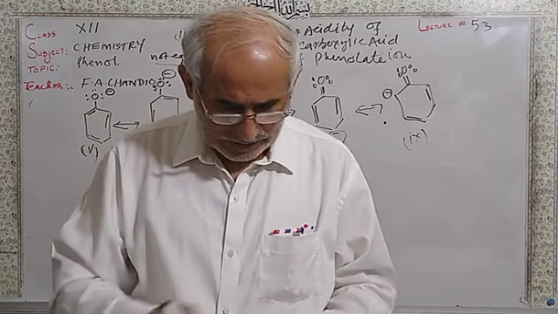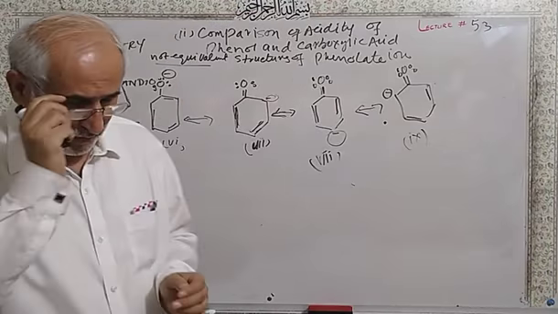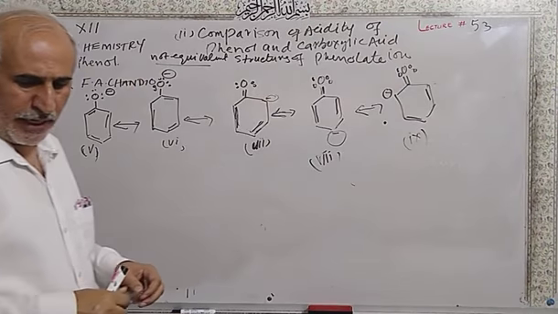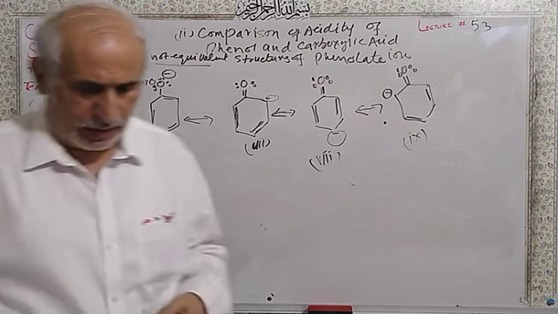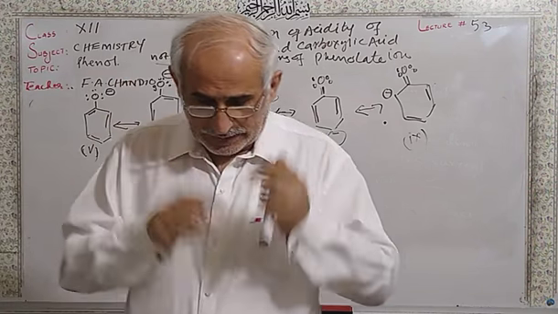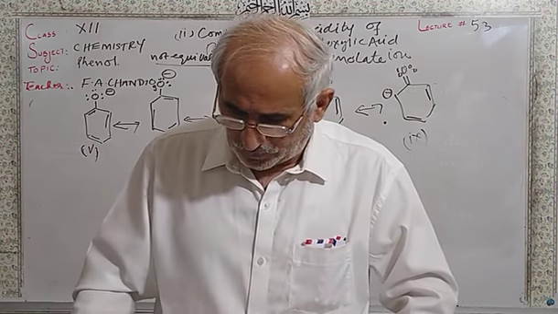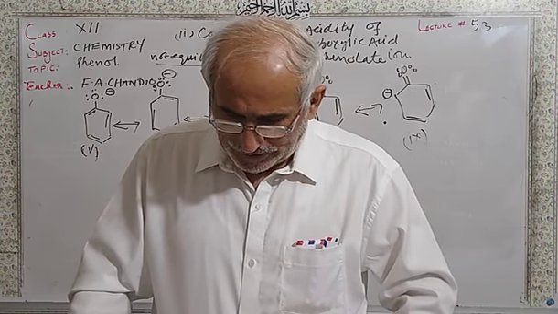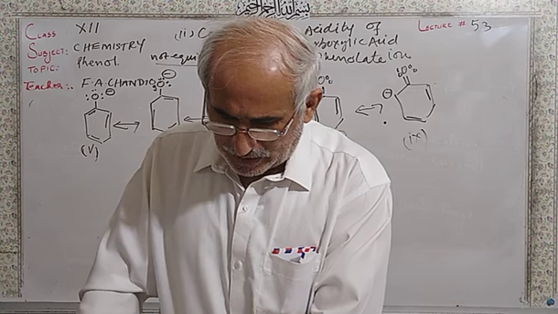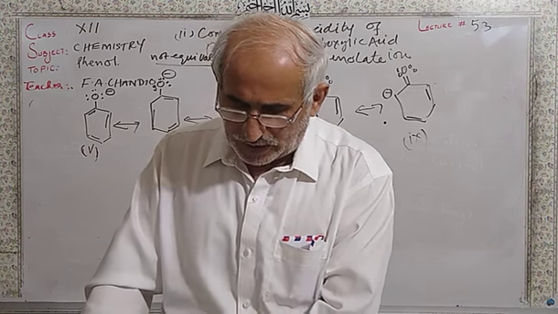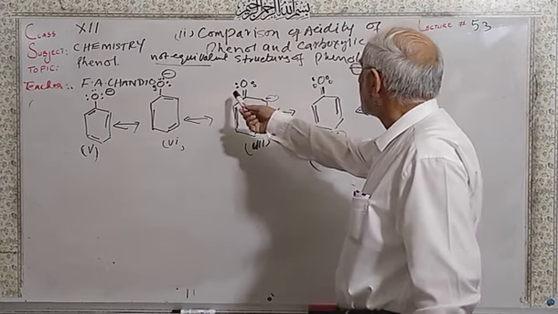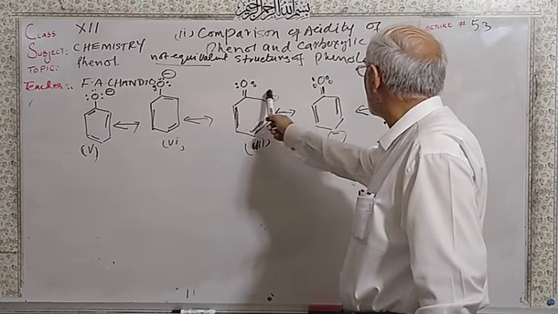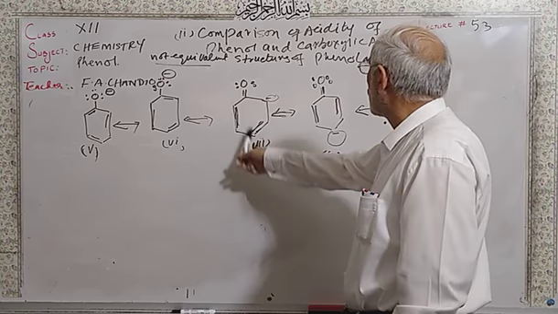So dear students, we concluded that structures number 3 and 4 for the carboxylate ion are much more stable than the resonance structures of the phenol. The resonating structures of the phenoxide ion are not equivalent. They don't show resemblance because the double bond is here, then the charge is circulating.